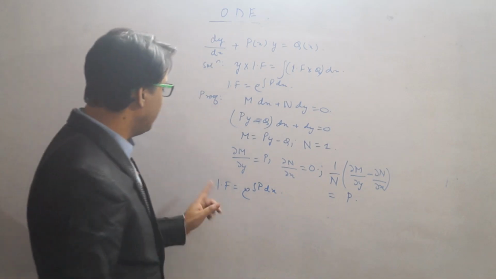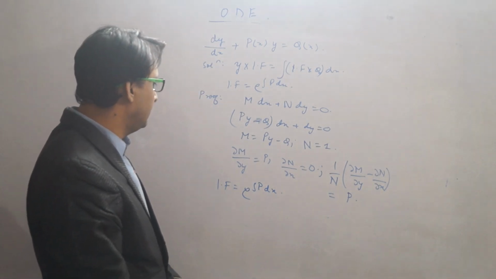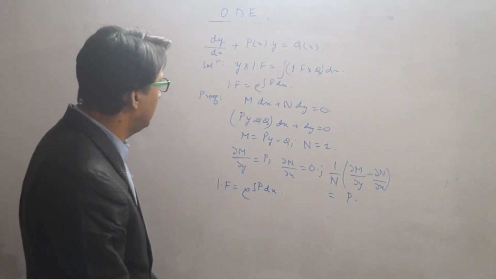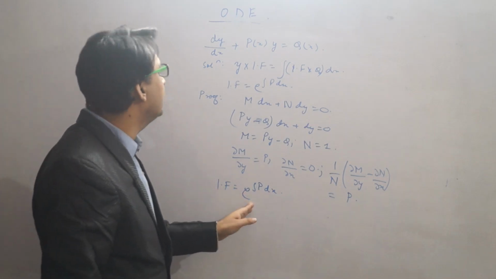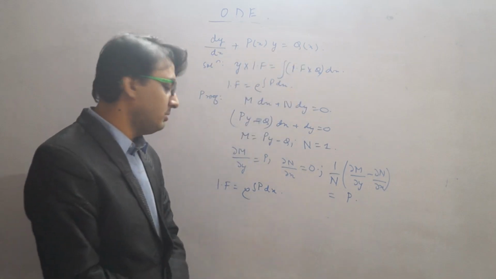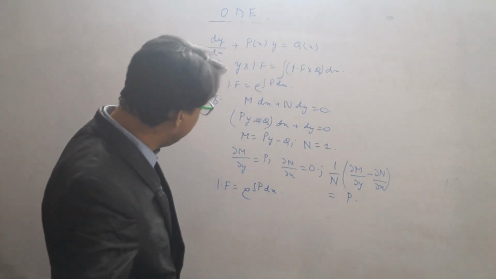So we have got our integrating factor. Common sense says that we multiply the integrating factor through this equation, so we will be doing that.